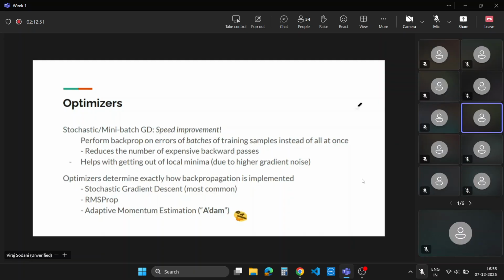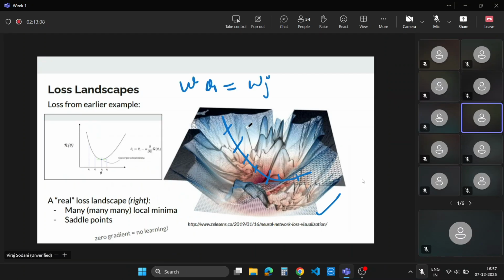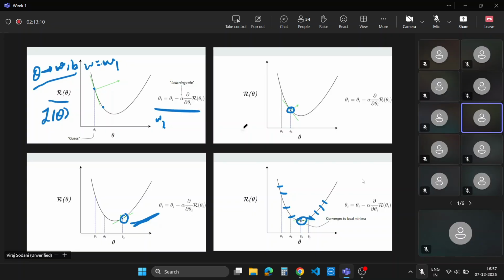I think they are uploaded in the resources. I'm not sure about the SGD part, but I think we have uploaded the stochastic gradient descent also. You can have a quick look at it. You'll have to watch a few lectures regarding it. So I'll just brief you on what stochastic gradient descent is.